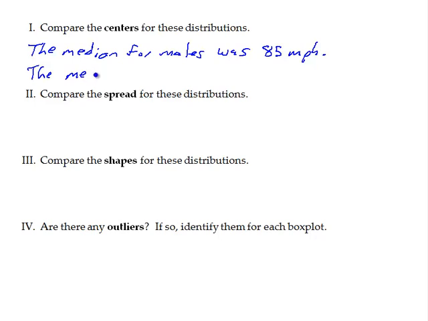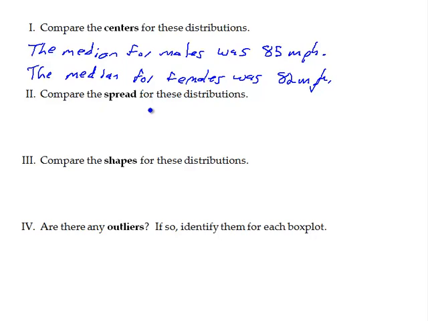The median for females was a little bit less, about 82 miles per hour. So the male's center is a little bit larger than the female's center.